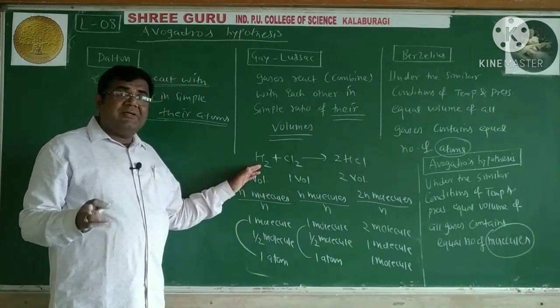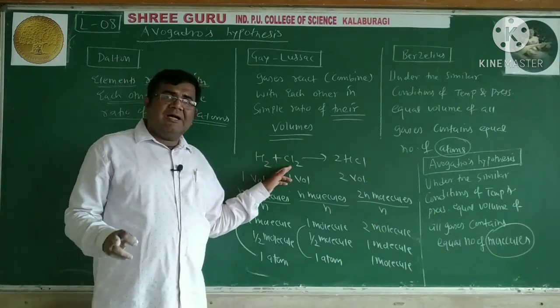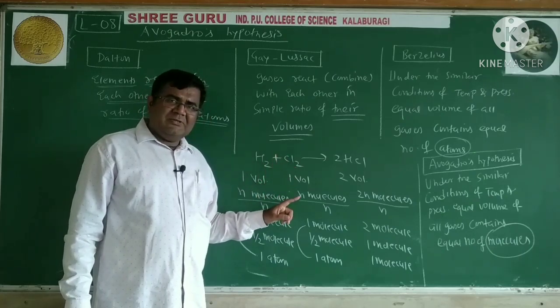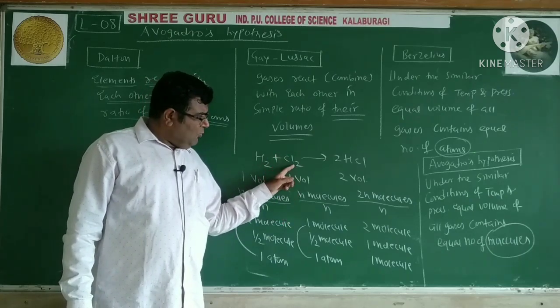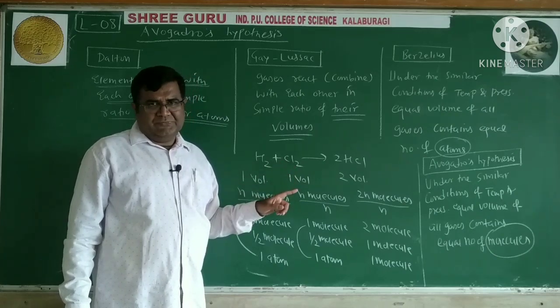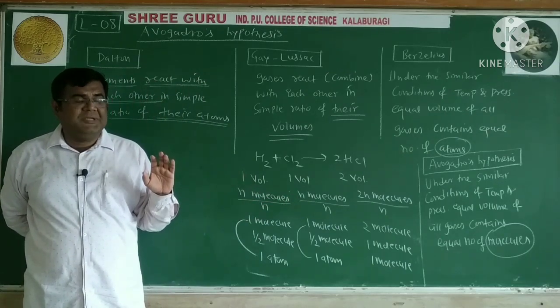Because half molecule is nothing but one atom. Hydrogen is a diatomic molecule. Fluorine is a diatomic molecule. One molecule contains 2 atoms, and that's why half molecule can contain 1 atom. That is absolutely okay with the chemical combination.